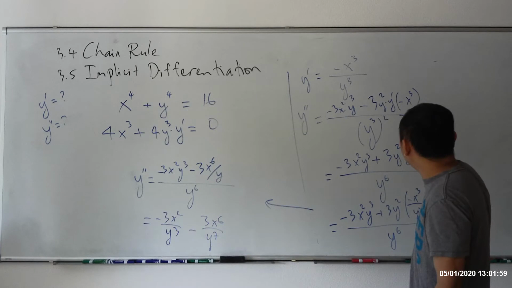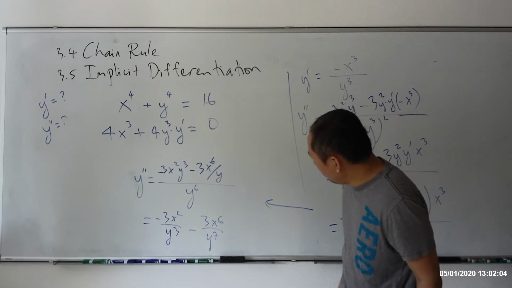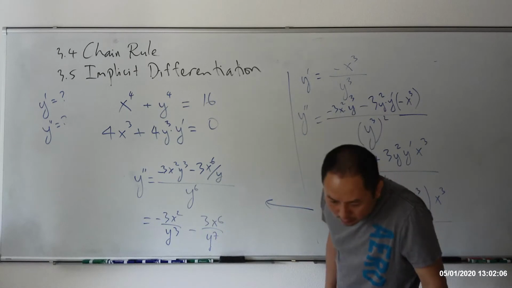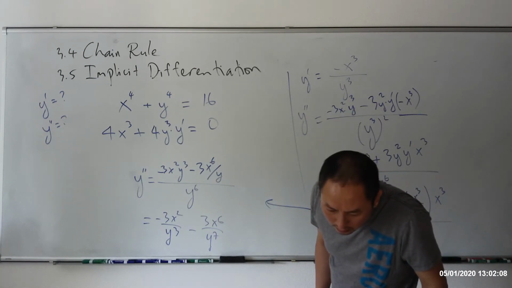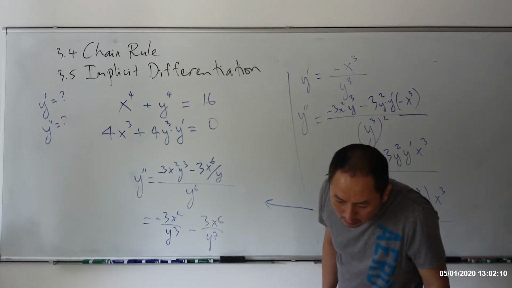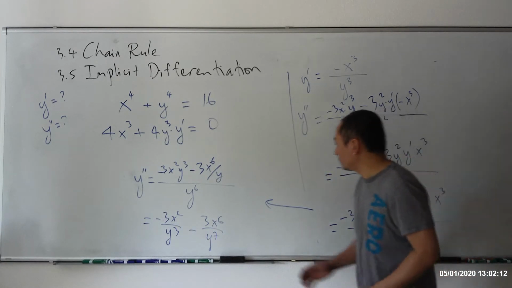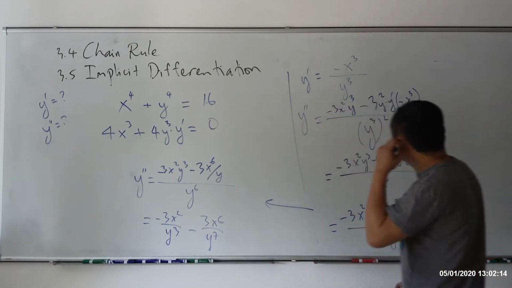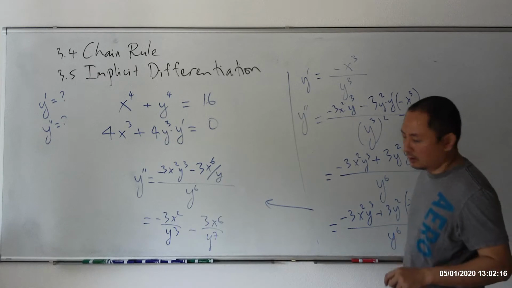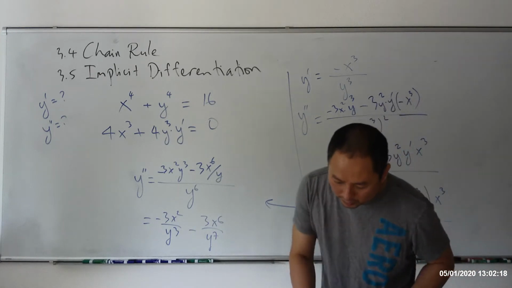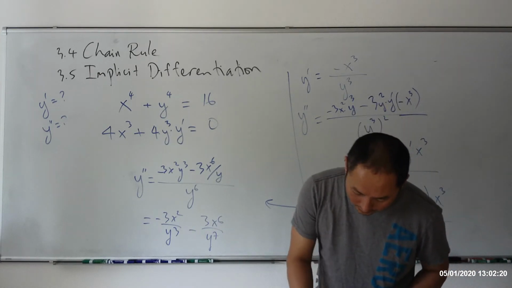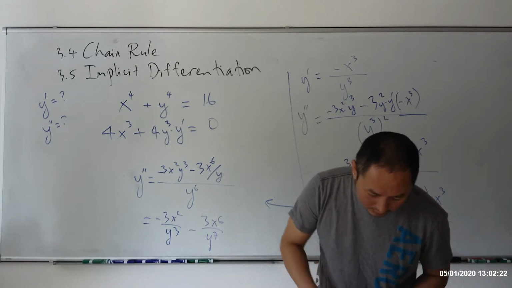Let me double check on my work, see if I missed anything or if I got anything wrong in here. Yeah, looks right. Okay, let's try one more example, the implicits.